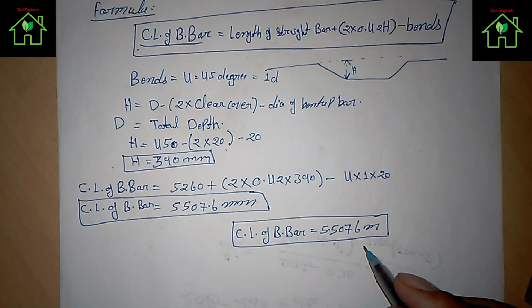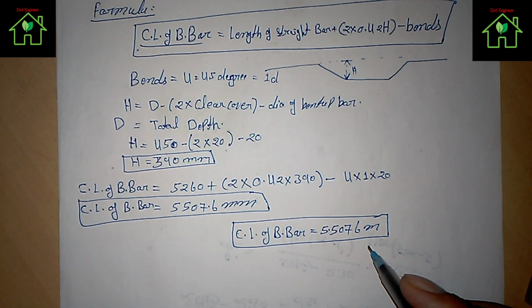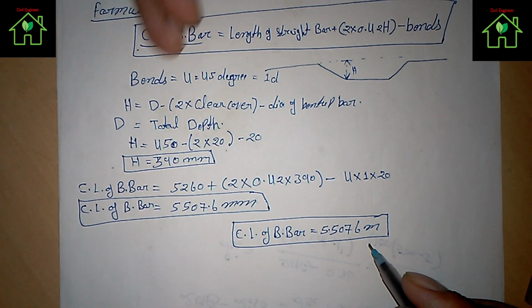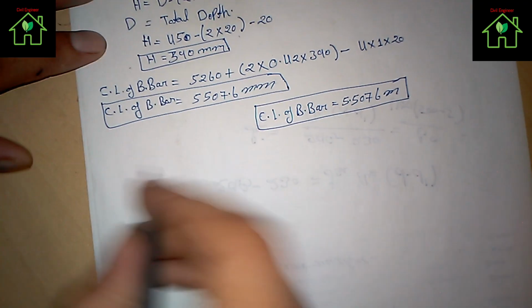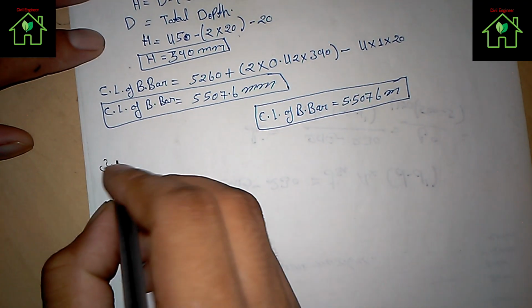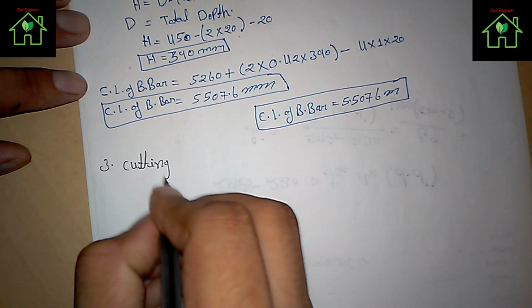After calculating the cutting length of bent bar, we will go for cutting length of stirrup. So here step number 3, cutting length of stirrup.